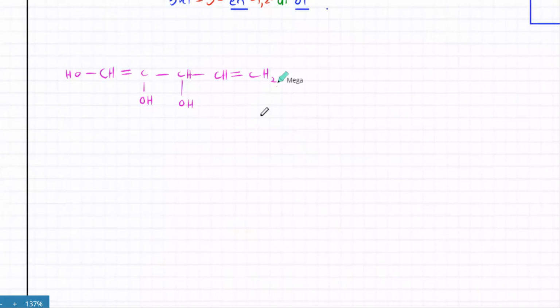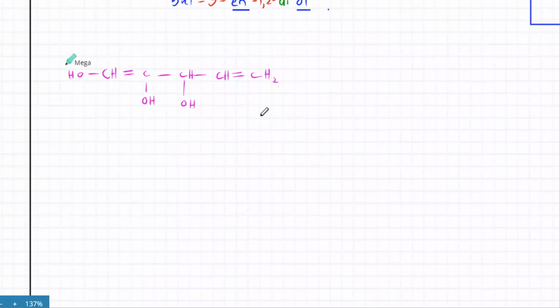So let's try and name this molecule. What's the prefix? How many carbon atoms? Pent. That's 1, 2, 3, yep, pent. It's obviously an ol. And AN or EN in the middle? EN. So how many OH groups do you have? 3. So it would be tri. So it's going to be triol, right?